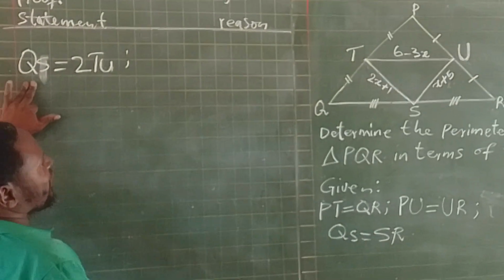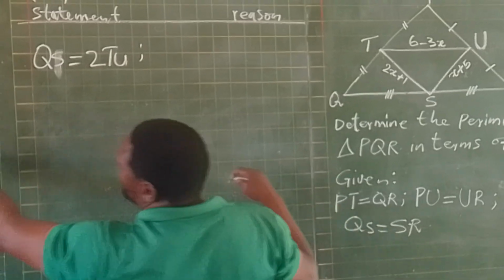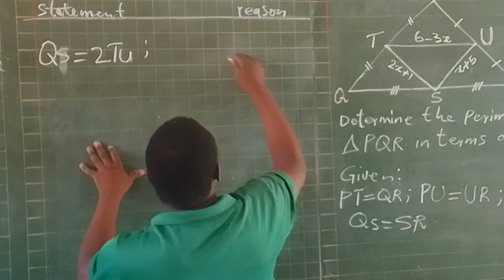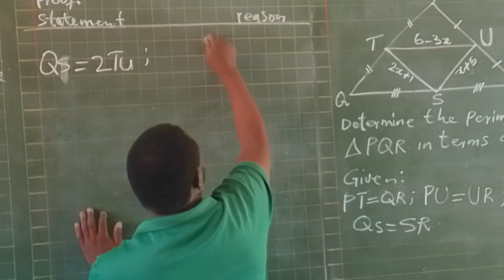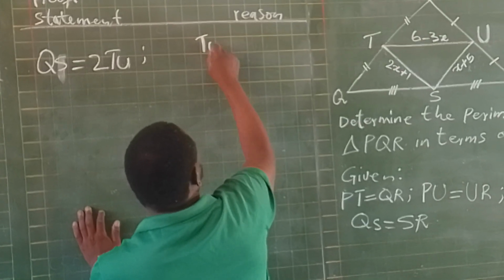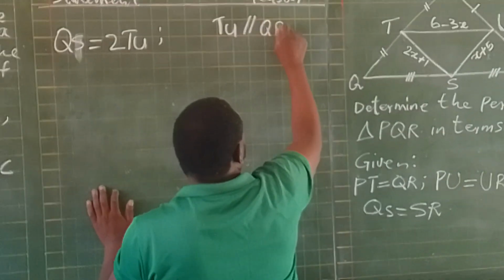The reason being that the line TU is parallel to QR.